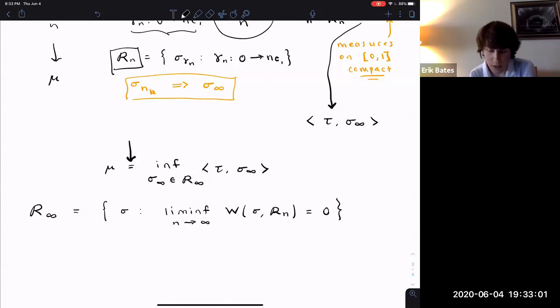So there is some subsequence of empirical measures sigma that converge to this sigma infinity. Let me keep writing the sigma infinity, just to emphasize that we're sending things to infinity.